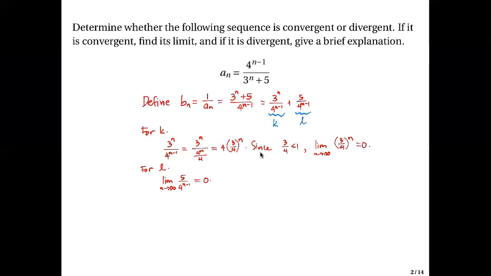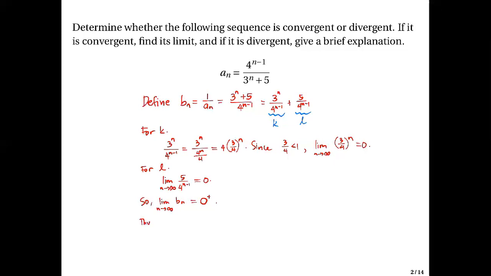Which means that the limit of b sub n as n approaches infinity is equal to 0. And since all the terms here are positive, this limit here actually goes to 0 from the right. Correct?